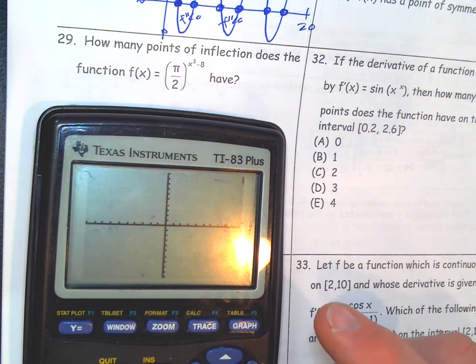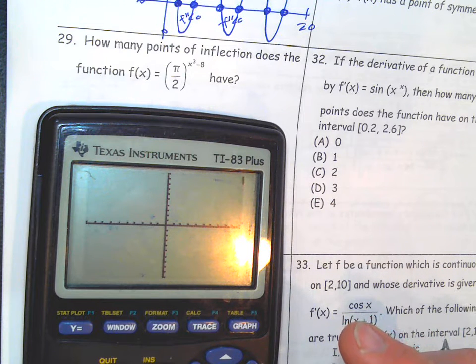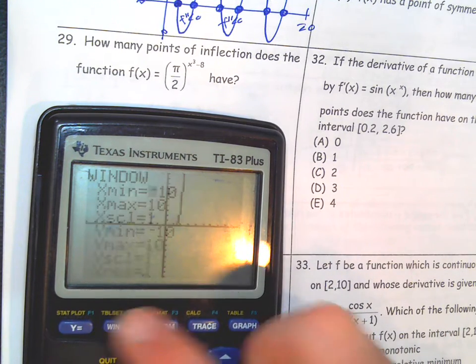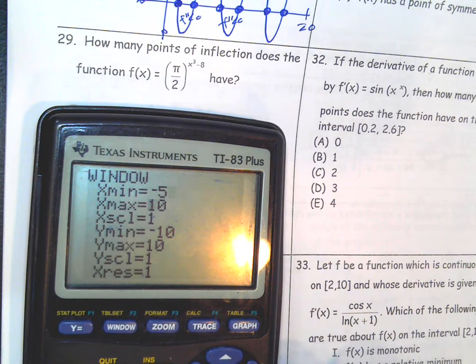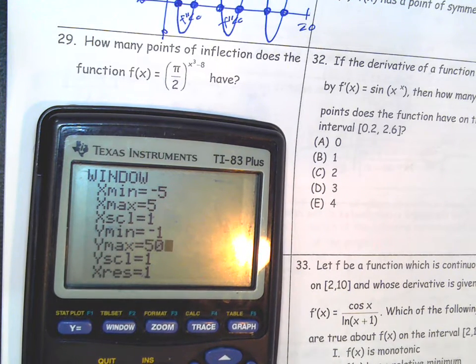So let's see if this will work. It takes a little longer to calculate a lot of derivative values, but this is going to be the graph of the derivative, which I think we've gotten really good at analyzing. It's taking a long time. This looks like almost like exponential or something. Window, -5 to 5, maybe -1 to 50.